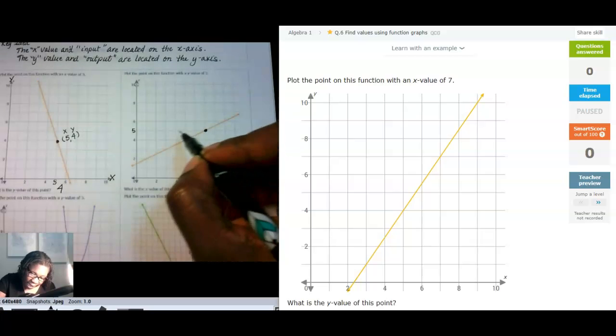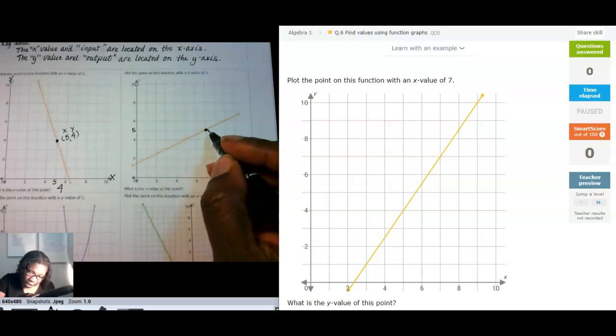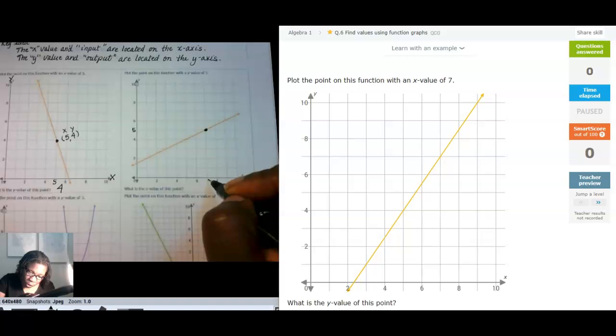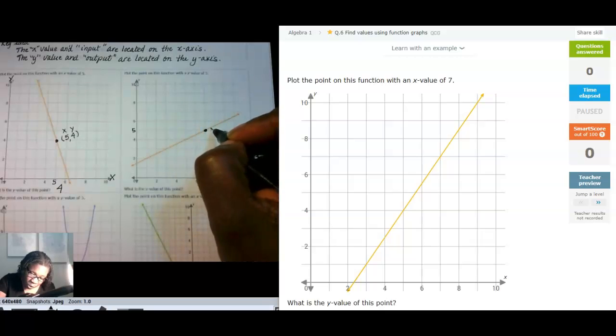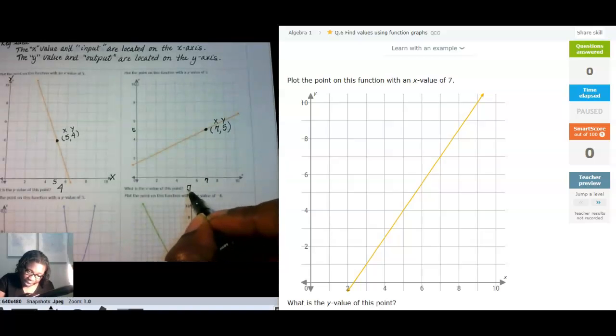Once I see that, I'm going to put my point there, and then I'm going to look down to see what number corresponds with my x value. And it's 7. So I could write this ordered pair as 7, 5, because we always write the x first. So the x value is 7.